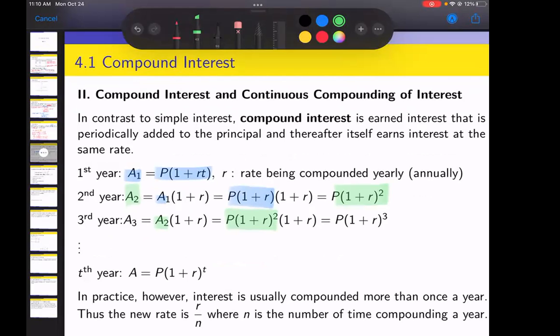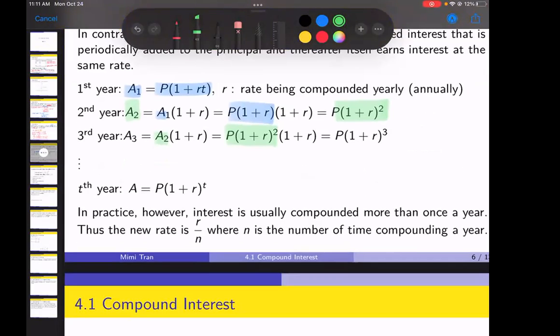Now, this formula means you compound how many times per year? Once a year. Yearly, you compound once a year. In reality, it's not the case. Usually if it's semi-annually, it's twice a year. If it's quarterly, it'll be 4 times a year. Monthly will be what? 12. Daily.